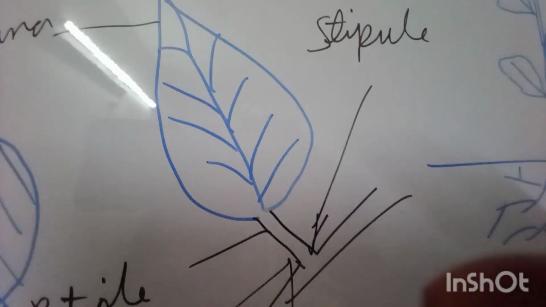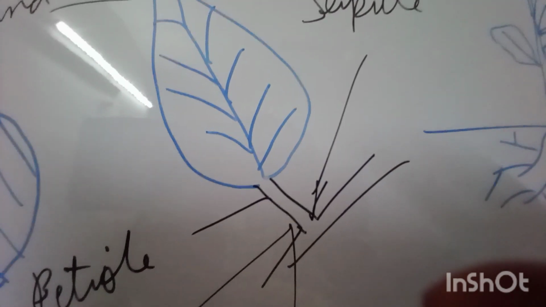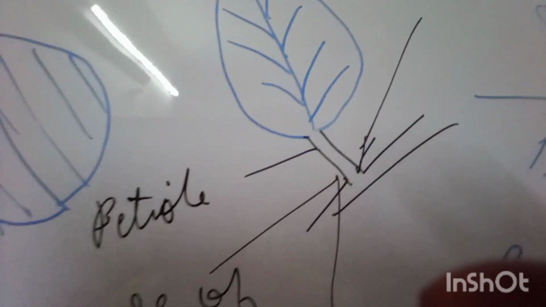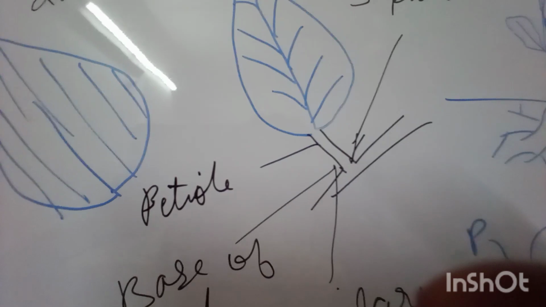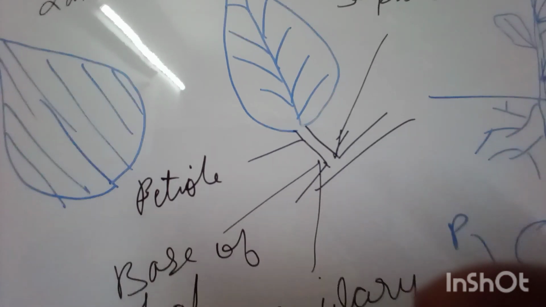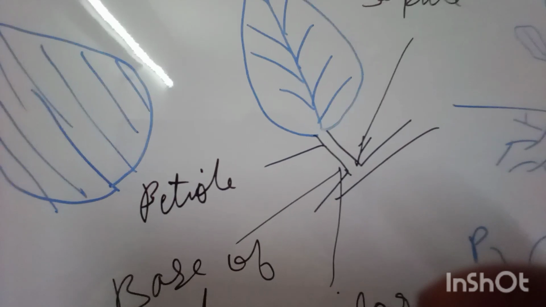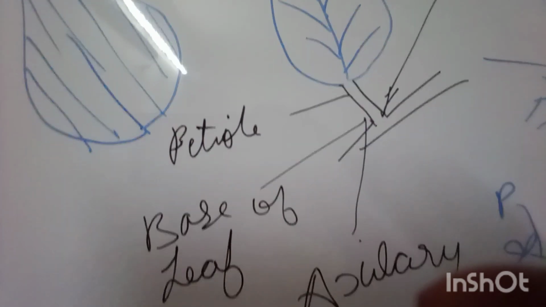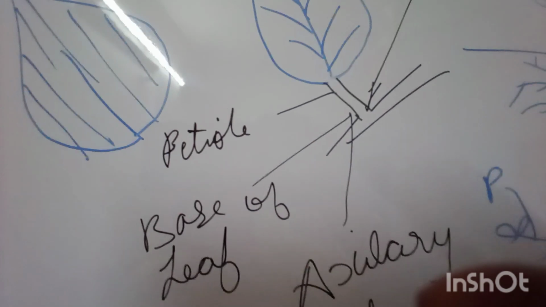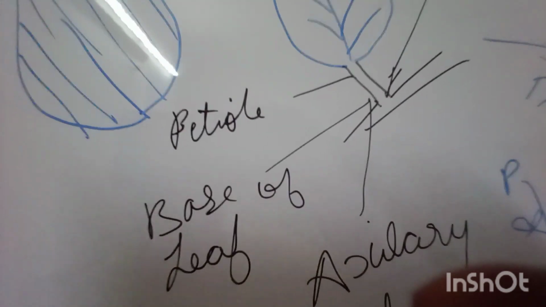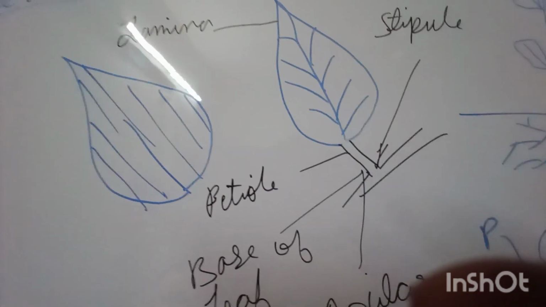And stipule is the place from where another branch arises. And your petiole is a thin or thick flattened structure which connects the leaf to the branch, at the base of the leaf. An axillary bud is the bud which later grows into a branch. So these are the parts of the plant.